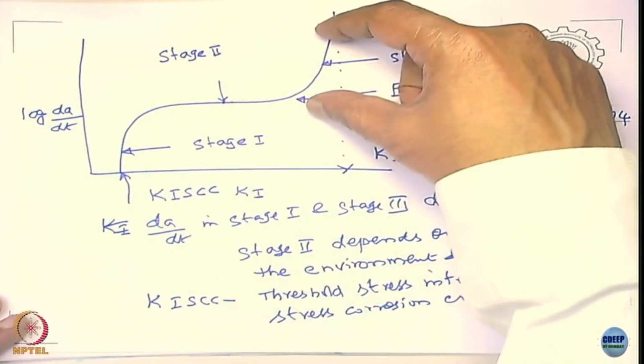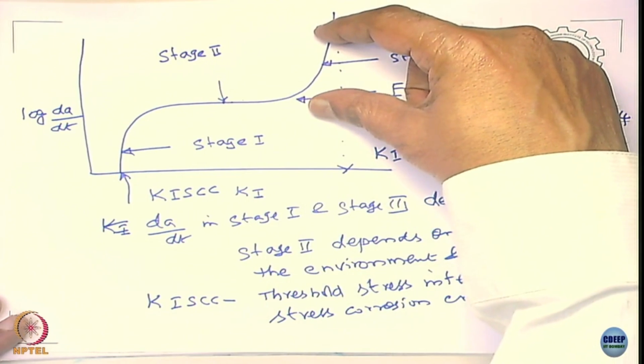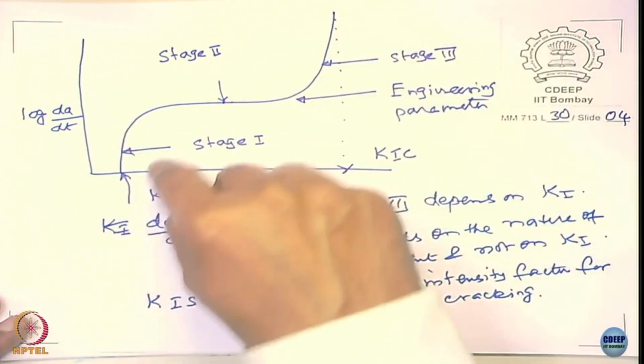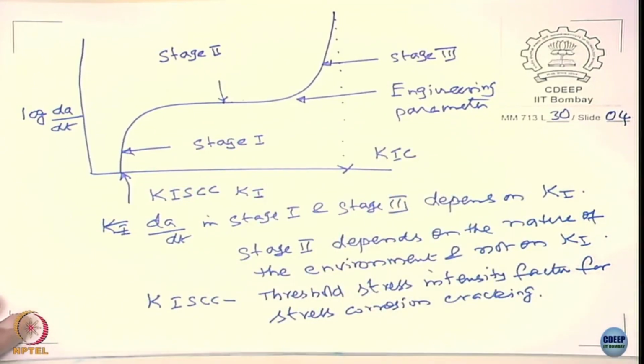Here of course you have a combination of quite a bit of stress intensity and environment, but the role of environment here is much more, because there are two things happening. The stress intensity drives the crack first of all, and the environment drives the crack more. When you lower the stress intensity of the crack tip, is the driving force for the crack decreasing or increasing?